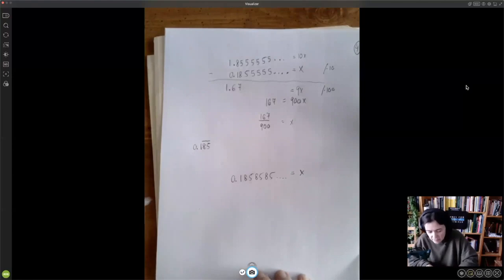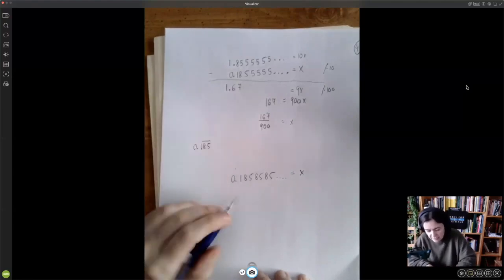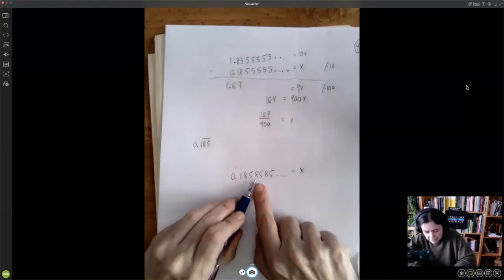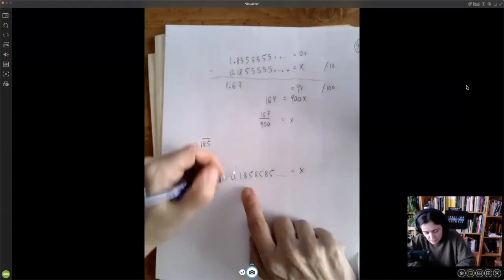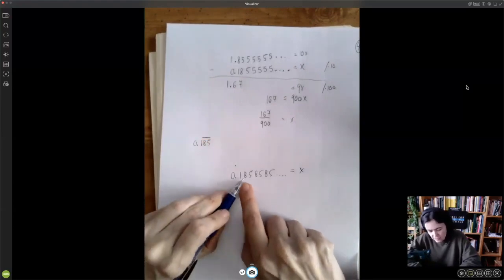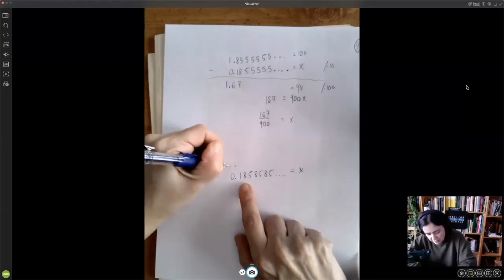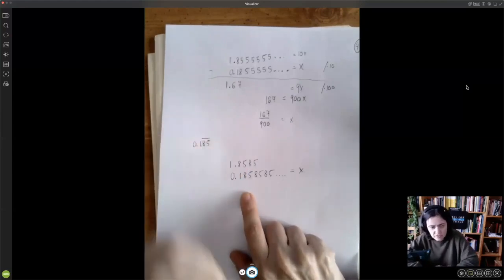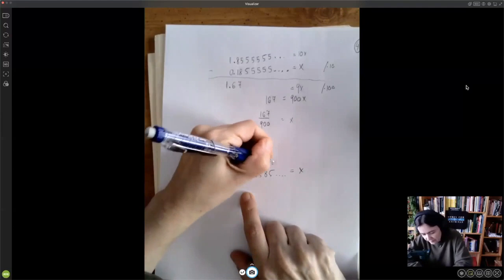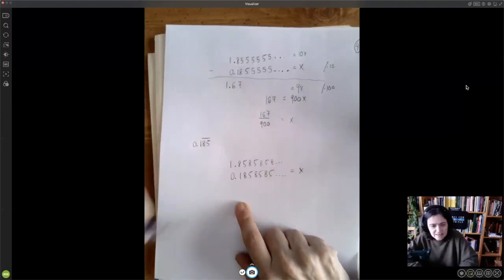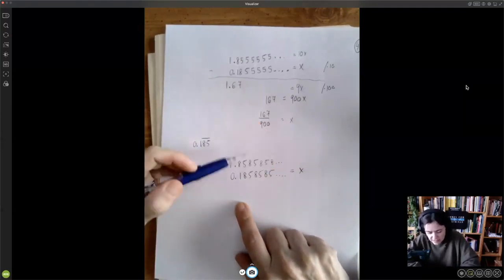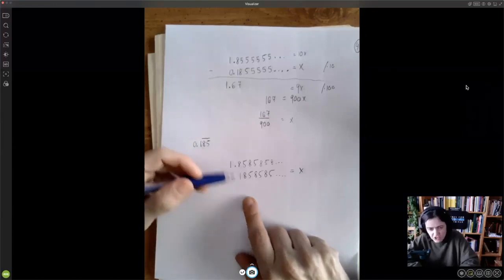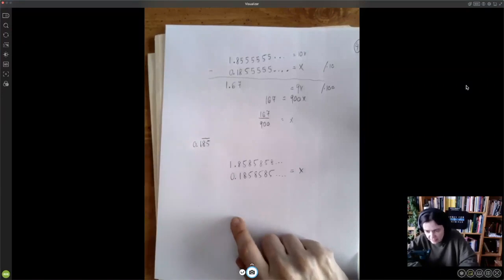So here is the problem. If we multiply this number by 10, it's not going to work because then this 5 will be promoted here. And so let's see. So we get 1.8585. You see what the issue is? That doesn't work because either this infinite subtraction is not even defined, or if it is defined, we're just changing the infinite tail, but we're not eliminating it, right?